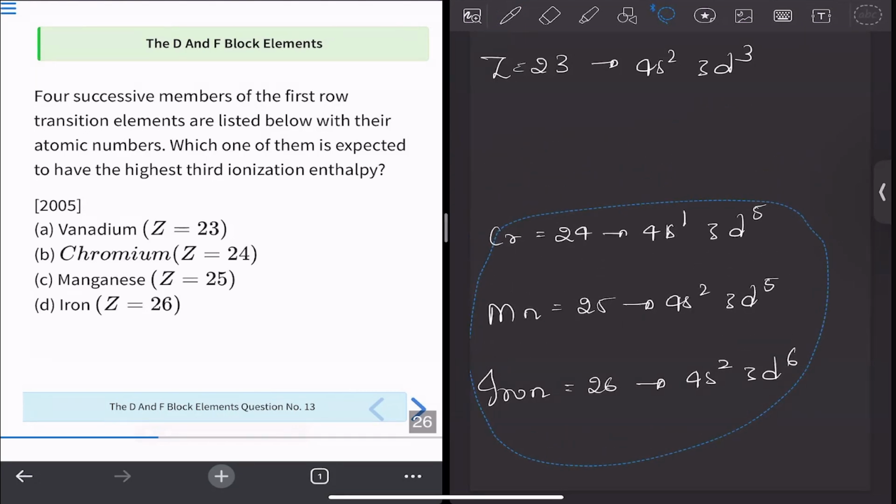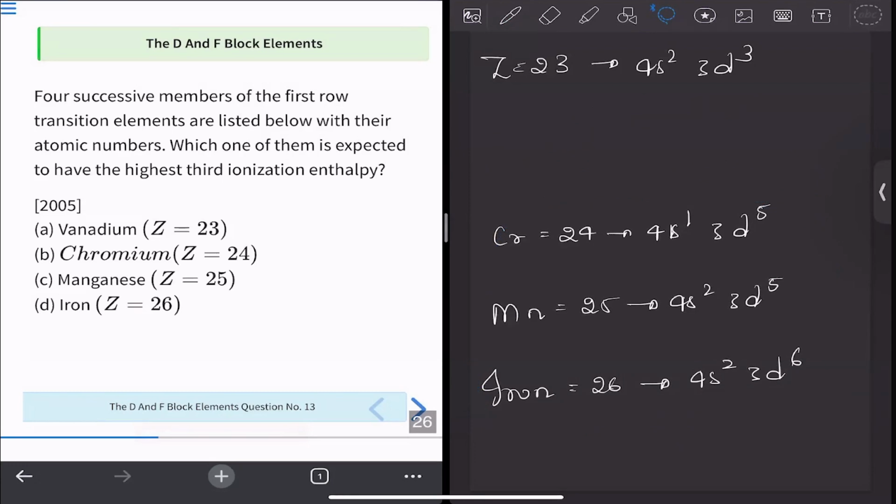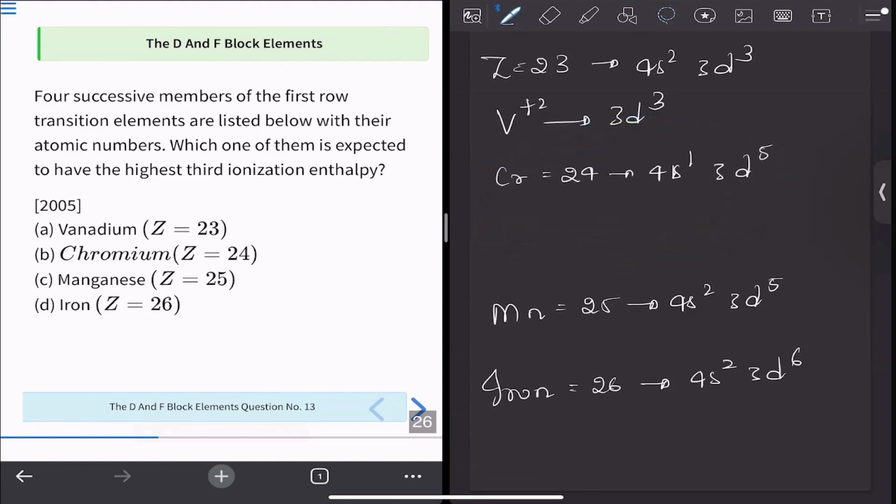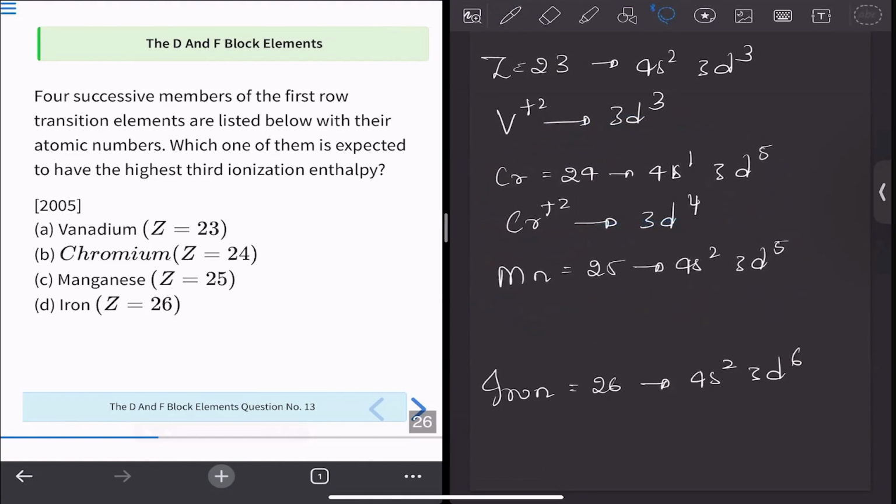So let us see the plus 2 state. They have asked about the highest third ionization energy. The plus 2 state of vanadium will have 3d3. The plus 2 state of chromium will have 3d4 electronic configuration. The plus 2 state of manganese will have 3d5 electronic configuration.